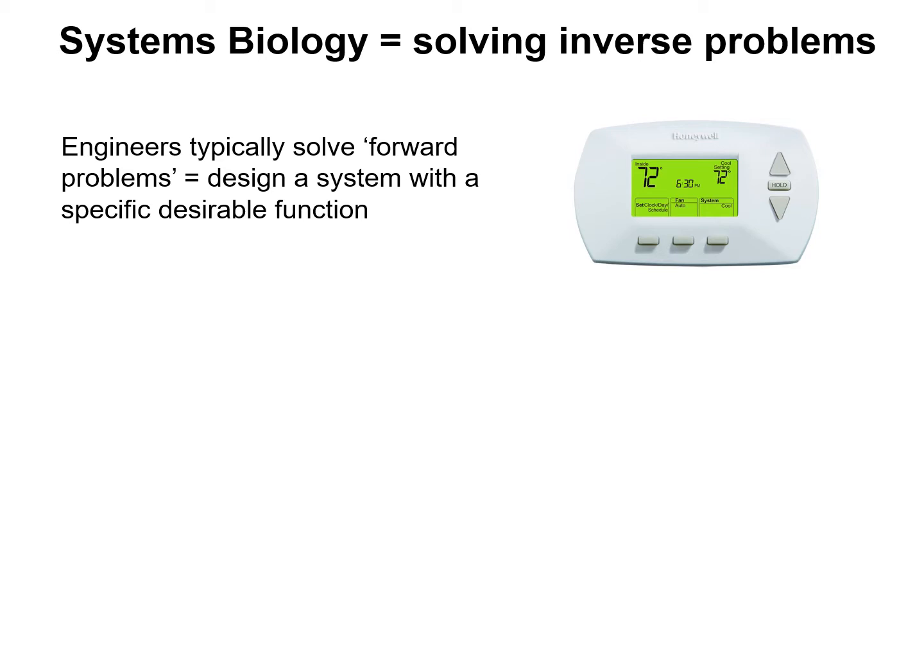For instance, think of the thermostat in your room. The objective of the system is to maintain or attain a specific temperature that has been set. How does it do that?